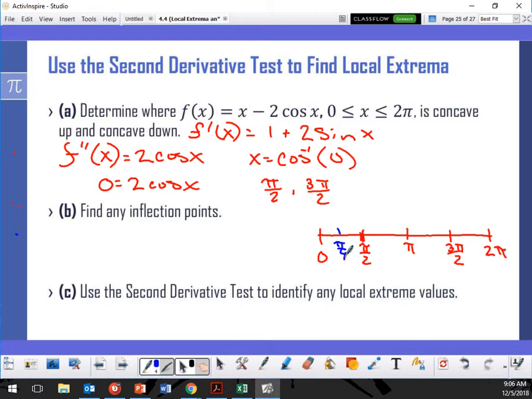And where am I going to plug that into? First derivative or second derivative? Second. Concavity is second derivative, right? Yes. Okay, concavity is second derivative. So let's plug it into the second derivative. So it's going to be 2 times a positive root 2 over 2.